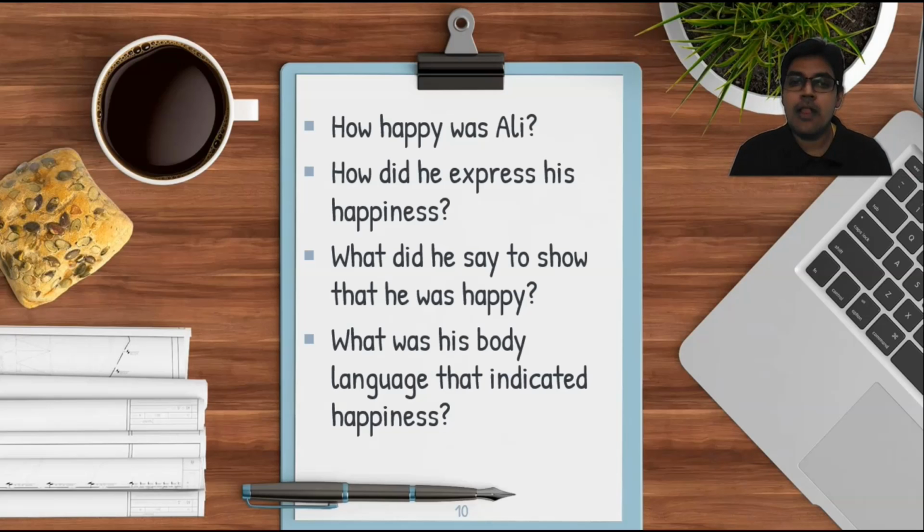And the next one, what was his body language that indicated his happiness? Did he jump in excitement? Jumping in excitement is a kind of body language that you can add in. Now, based on these four questions, you may pause this video and try to work on writing some ideas that come to your mind before we look at a paragraph on how this idea can be developed. You may pause the video now, or else I will just continue with the next paragraph.